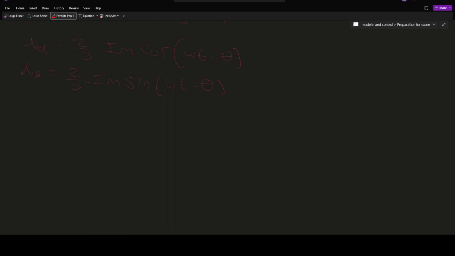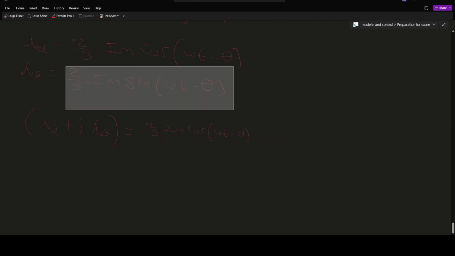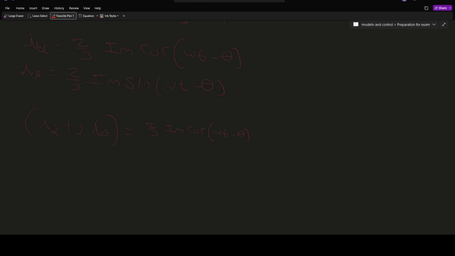So if we write this in Cartesian form, we have I alpha plus j I beta is going to be equal to this plus j this.